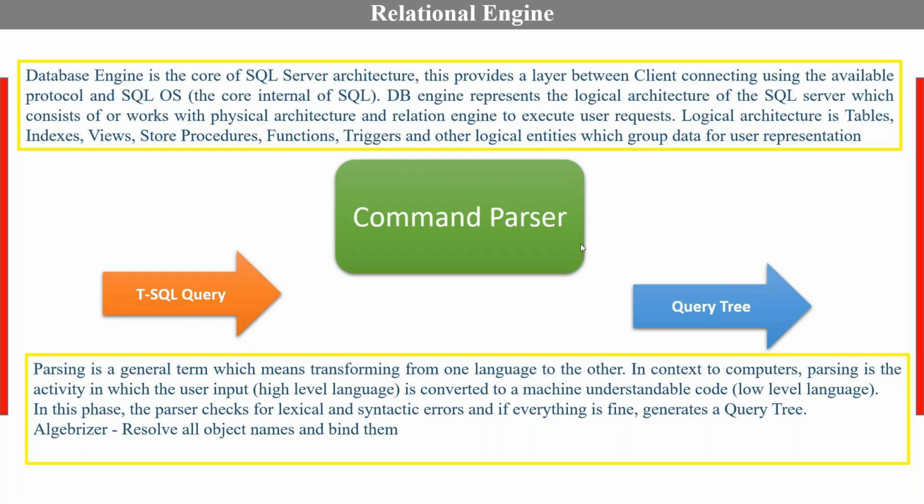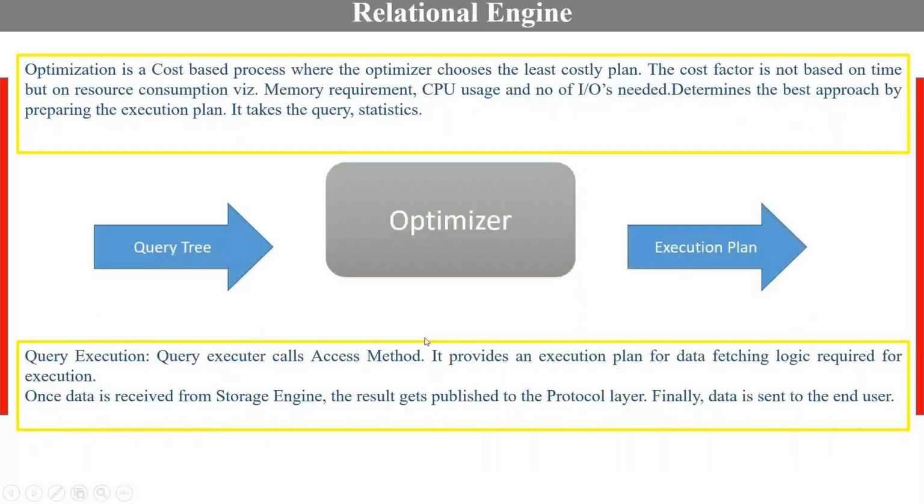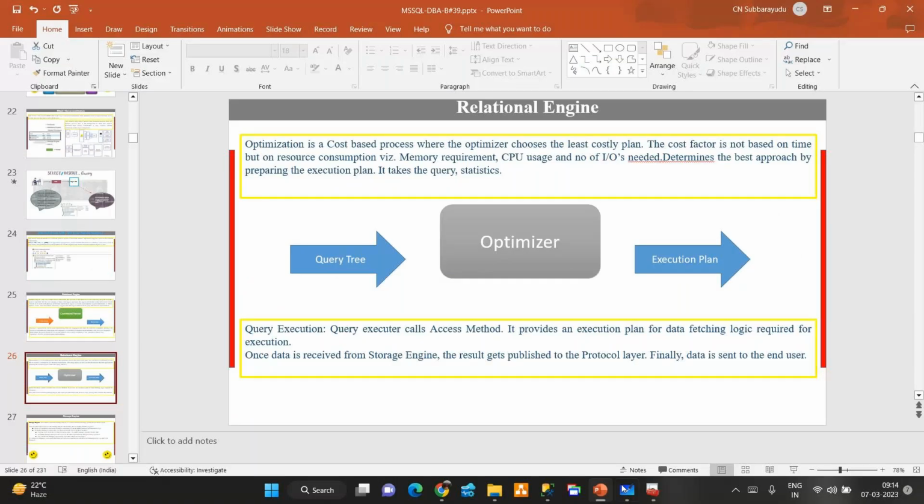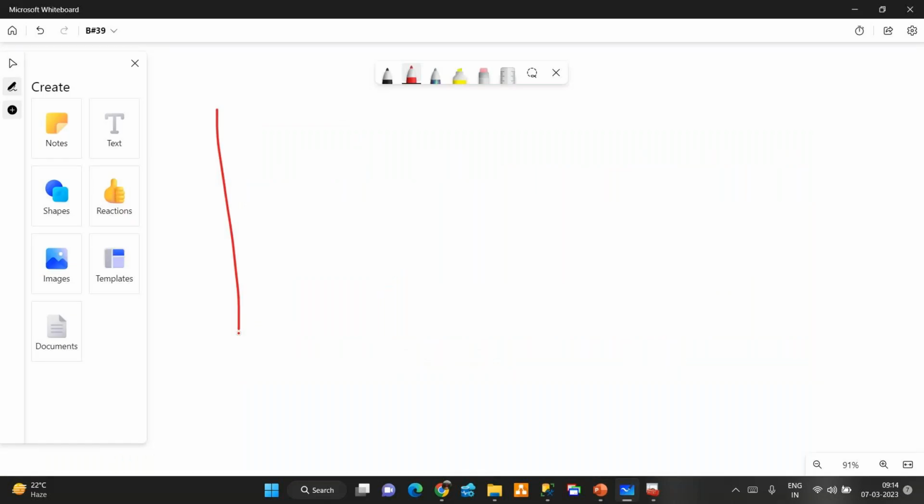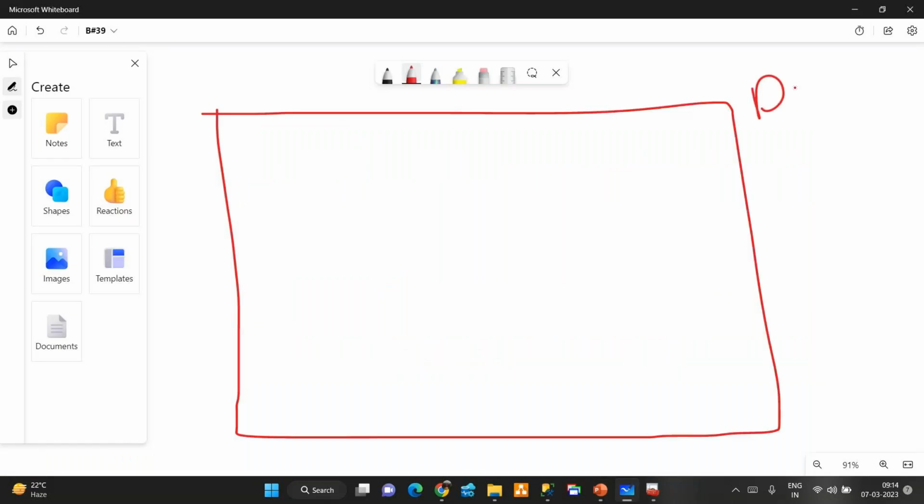This is my database engine, the DB engine, which is playing everything. Whatever you are doing in SQL Server, you are supposed to connect to the database engine. Once you connect to it, you can do whatever you want.